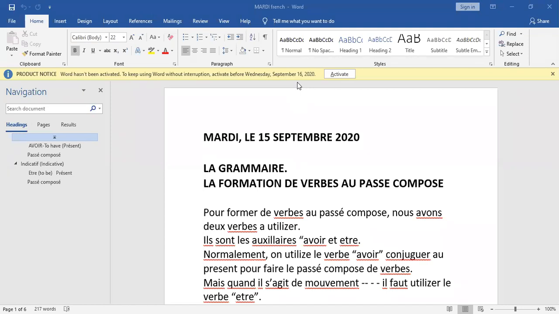Those ones that go into the past with être, they behave like adjectives. What do I mean by this? They respect the gender. They respect the singular form. They also respect the plural form.